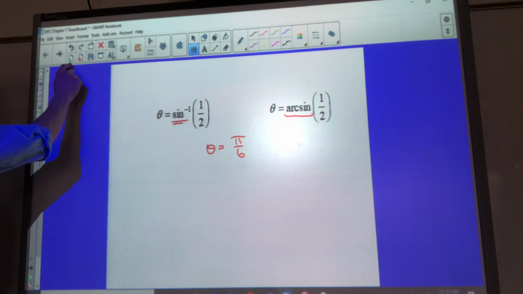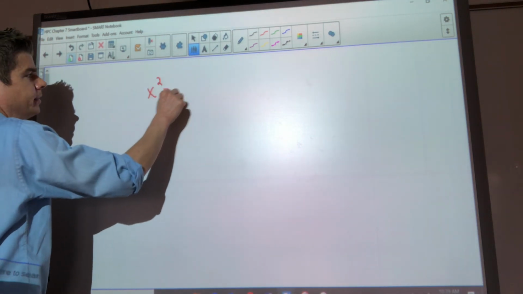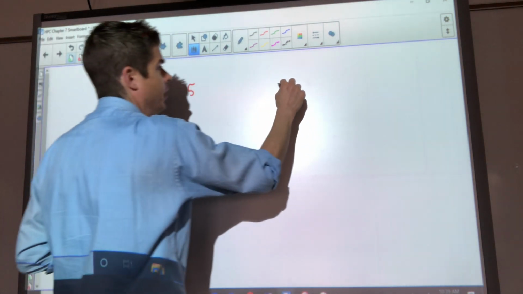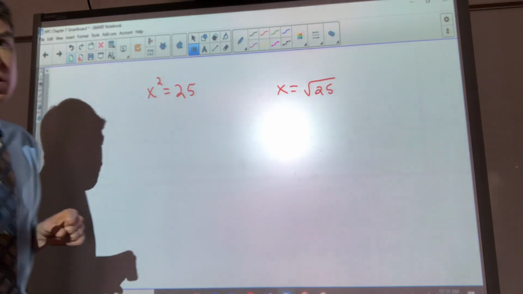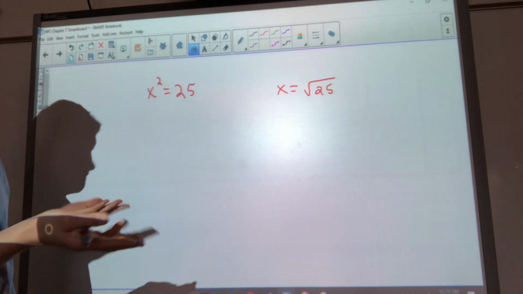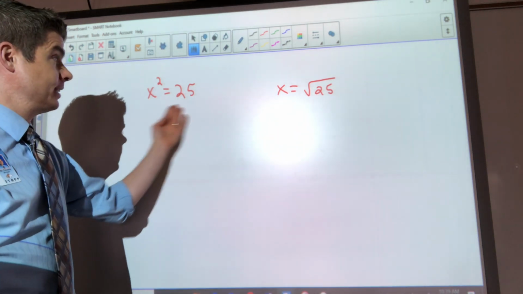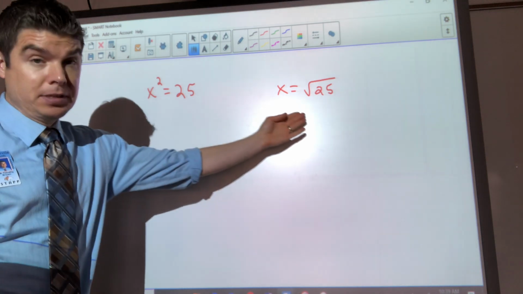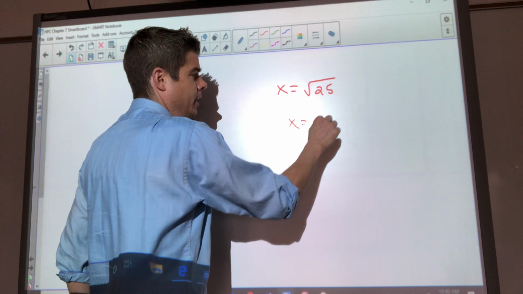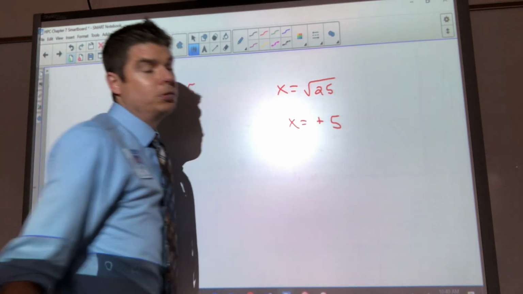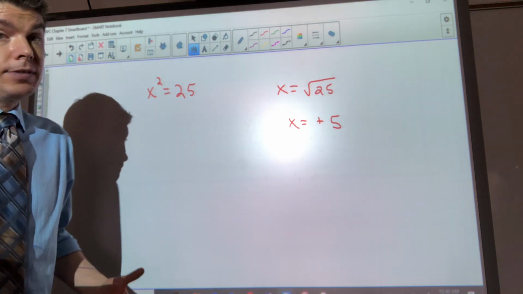Just to make a quick analogy, it's kind of similar to the difference between x squared equaling 25 versus the equation x squared equals root 25. So both equations are very similar, but notice that this one does not contain a square root, and this one does. If the equation already has the square root, it wants the principal root, which in the square root world, is the positive one.